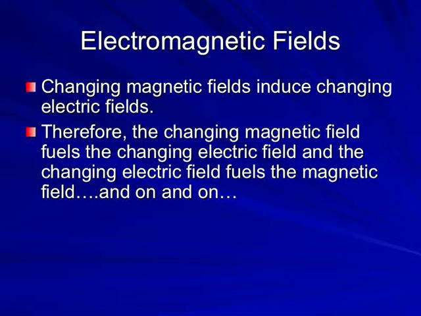That magnetic field's changing, that makes the electric field change, the electric field change makes the magnetic field change, and so they just go on and on. And that's how an electromagnetic wave is created. This is probably a little fuzzy.